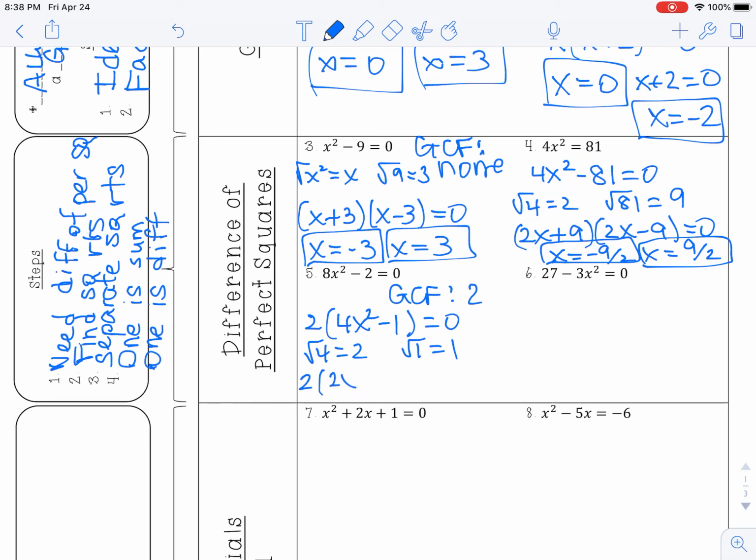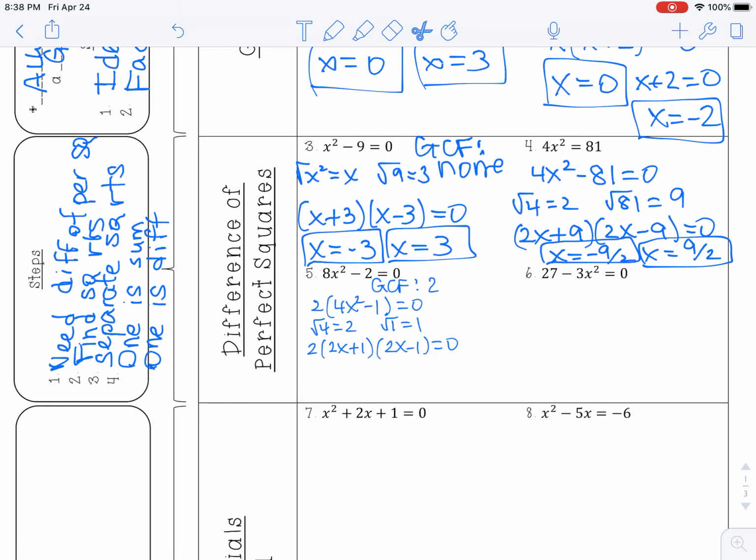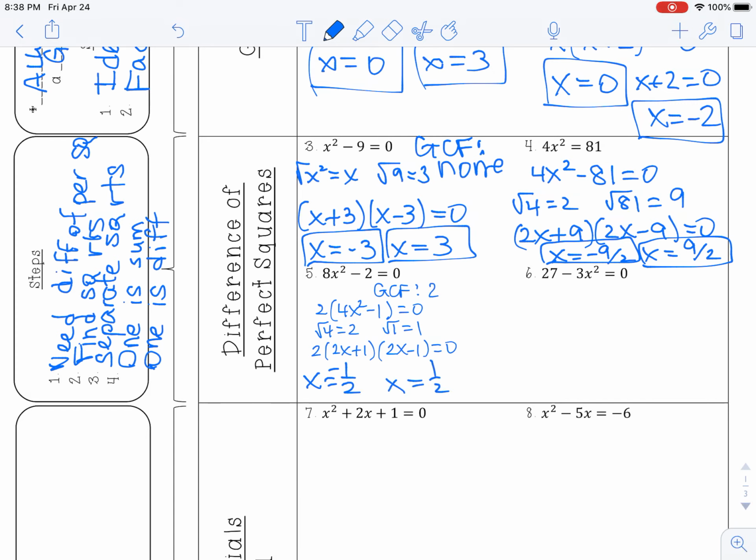So this ends up 2x plus 1, 2x minus 1, so that you get x equals negative 1/2, x equals 1/2.